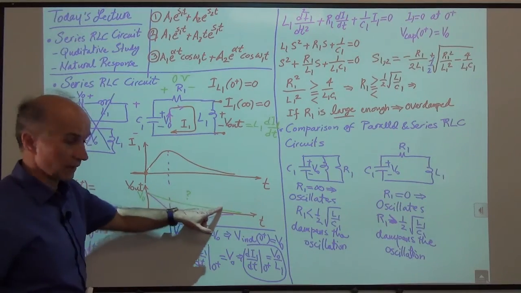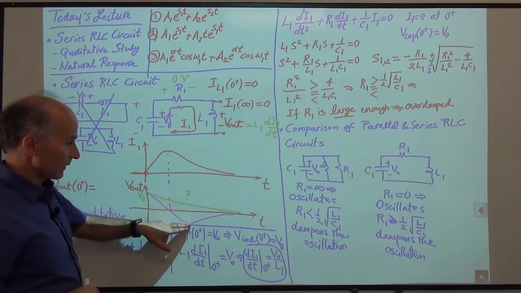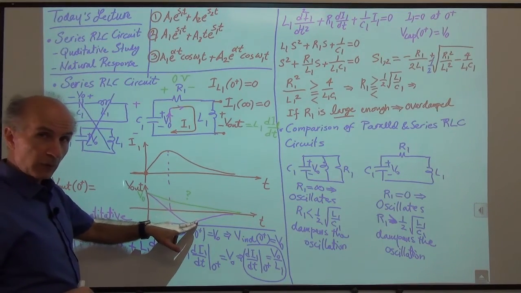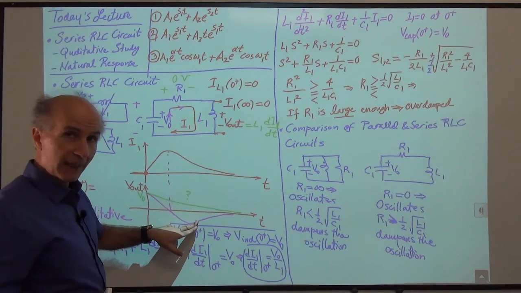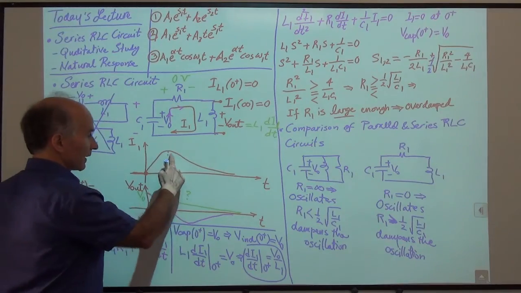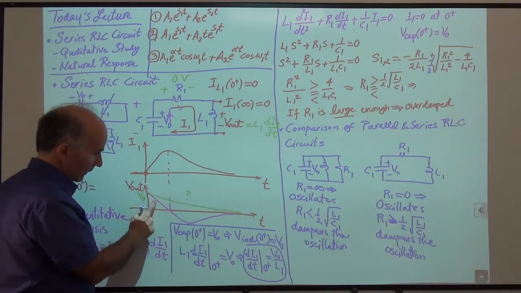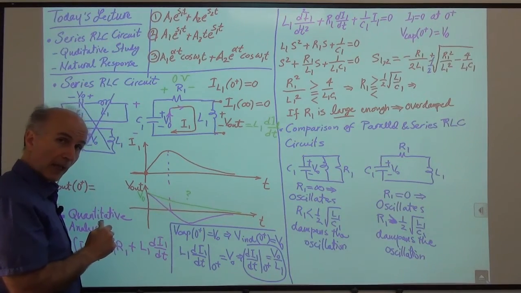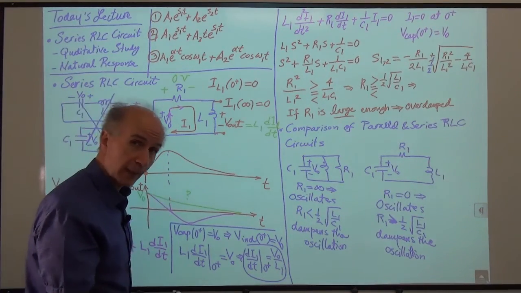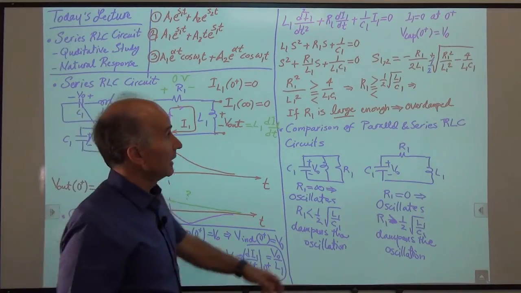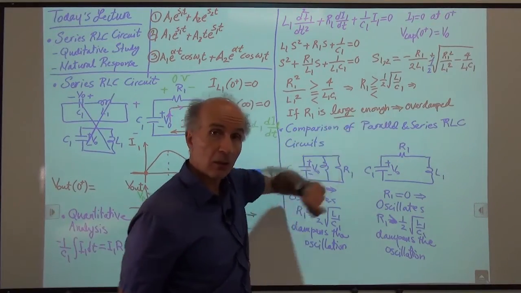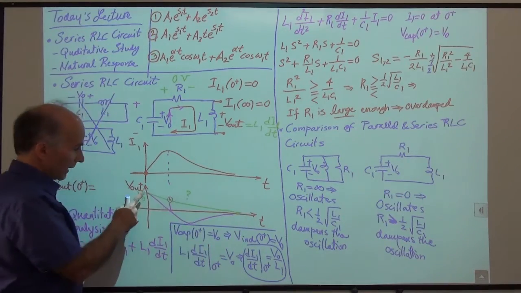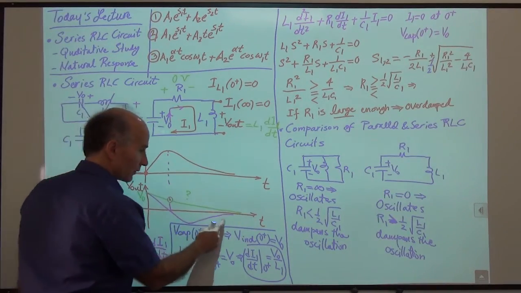It cannot just go like this. So it should have a dip, so it's not exactly monotonic, but only one dip. As we go to a critically damped response, this settles faster, and this also settles faster to 0, but still has a dip. And then as we go to an underdamped response, when this resistance is really small, then this will ring before it settles, and this voltage will also ring before it settles.